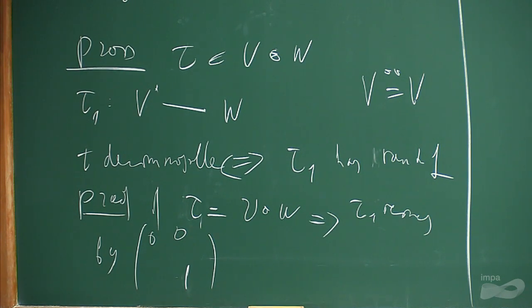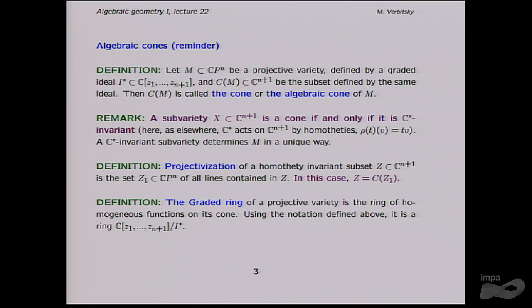This is a reminder about algebraic cones and projective varieties. I would need it for the next slide. It's just a reminder that C star invariant subsets in C^(n+1) are the same as projective varieties in CP^n.